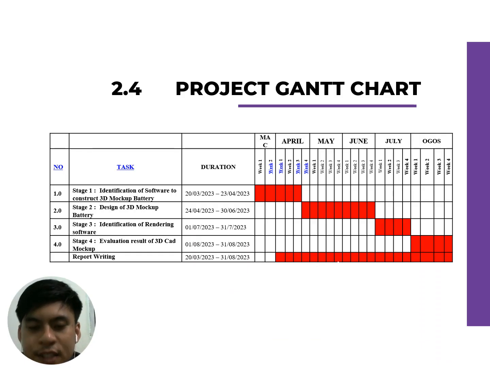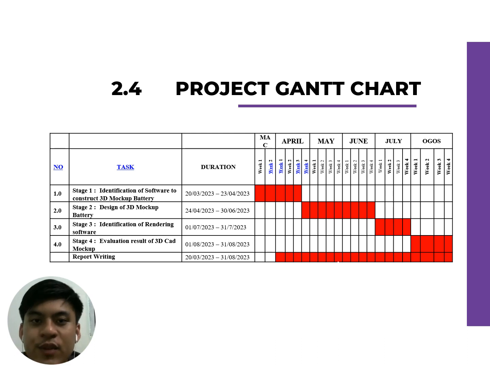Okay, project Gantt chart. Stage 1, identification of software to construct 3D, started from 20 March 2023 until 23 April 2023. Stage 2, design of 3D mockup, starts at 24 April until 30 June 2023.